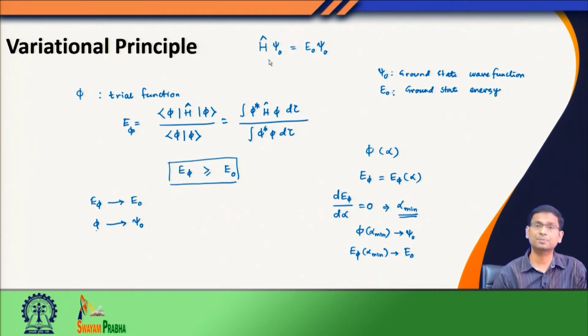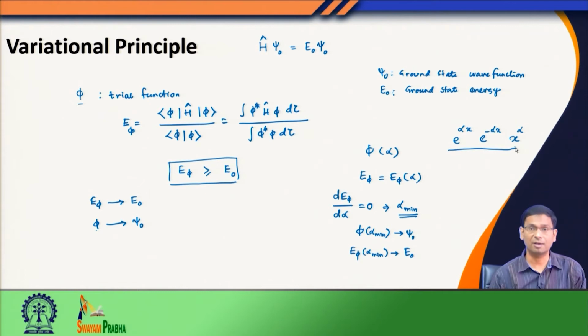But suppose I pretend that I do not know that they are sine functions, and I instead use an exponential function for the trial function. I will call that e to the power alpha x or e to the power minus alpha x, or suppose I consider some polynomial and call it x to the power alpha. So, these are my different trial functions.